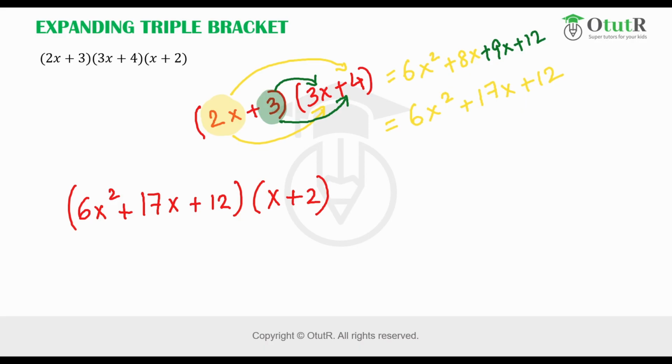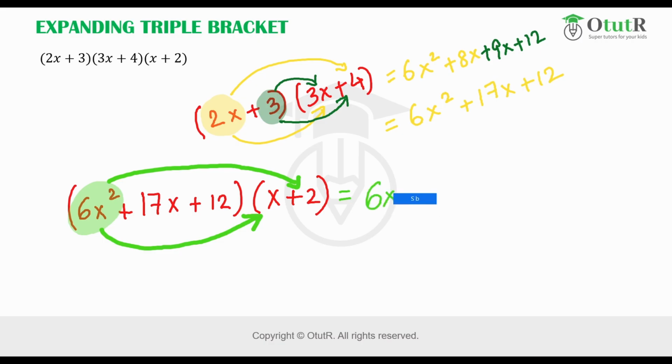So let us again see what will happen. For the first one, 6x squared will get multiplied with x and then 2.